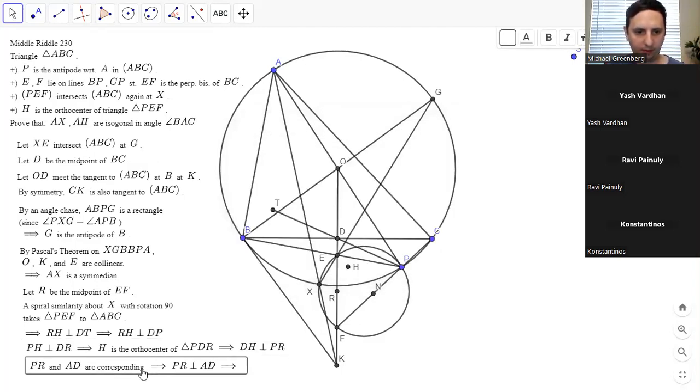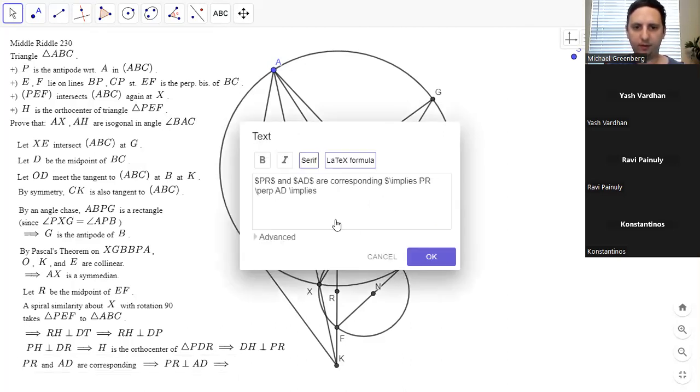So this implies A, D, and H are collinear.